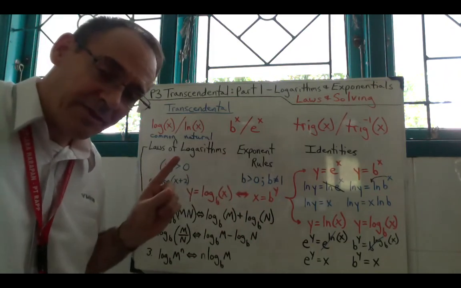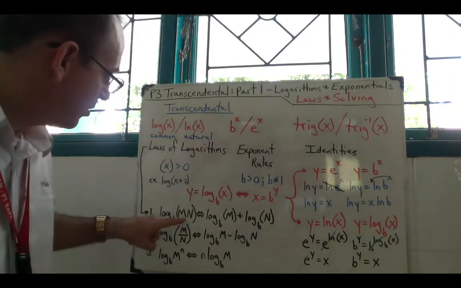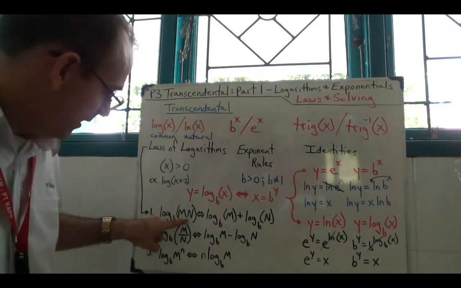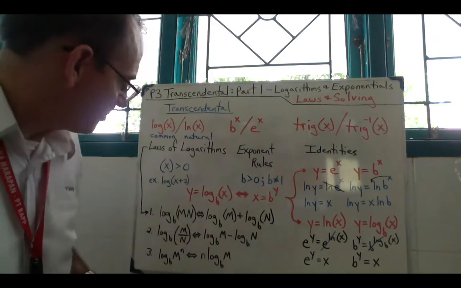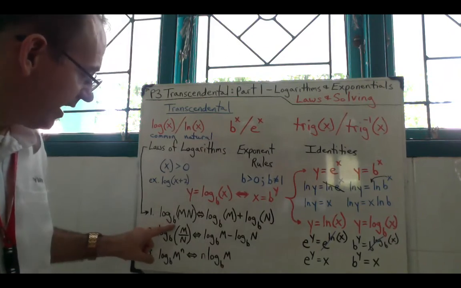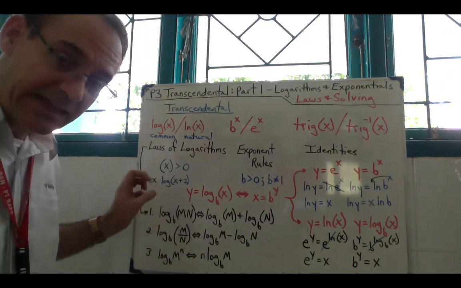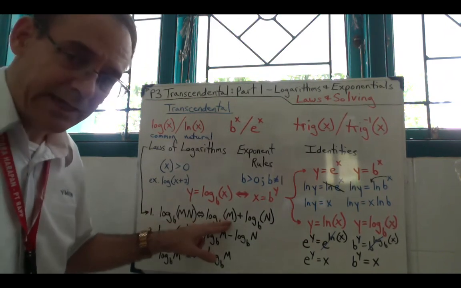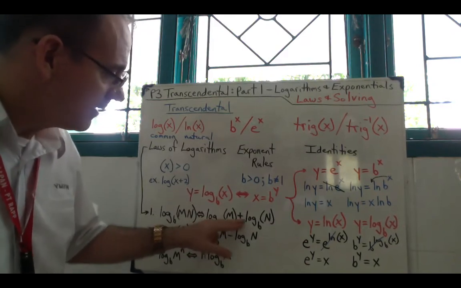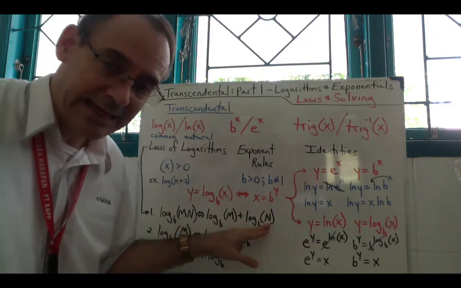And remember, the answer to a logarithm is an exponent. So log base b of m times n, the product in the argument, becomes log base b of m plus log to the same base of n.